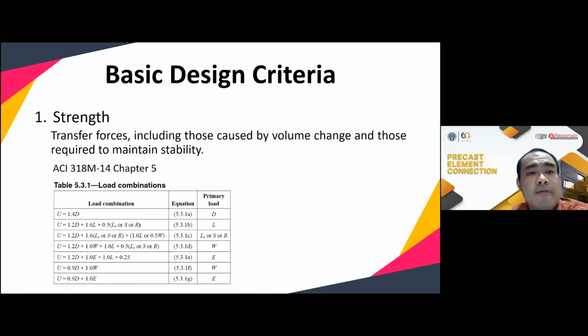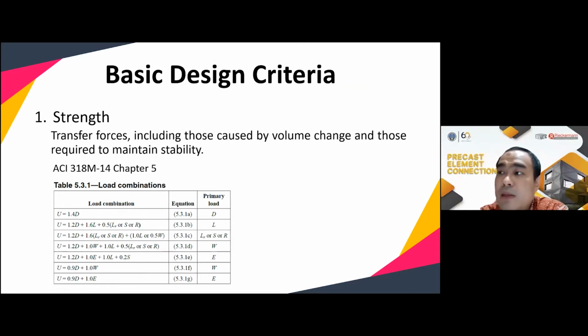Okay, after that, we move to the basic design criteria. The first one that we need to consider is strength. Strength means transferring forces, including those caused by volume change and those required to maintain stability. This is the load combination that I took from ACI 318M-14 Chapter 5.